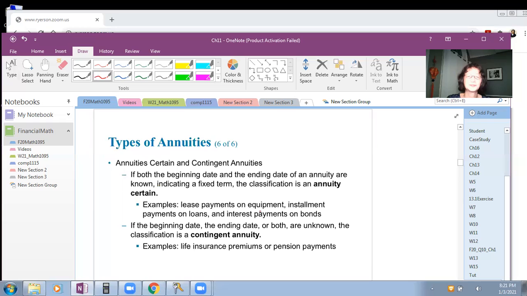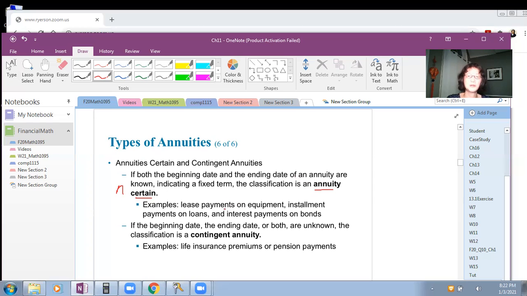Annuity certain. What is an annuity certain? Both the beginning date and the ending date of the annuity are known. If you know the beginning date, you know the ending date, you know the term of the annuity, and that annuity is an annuity certain.